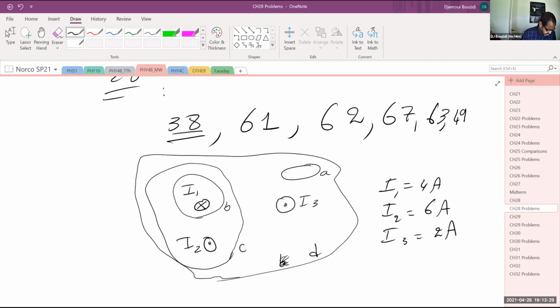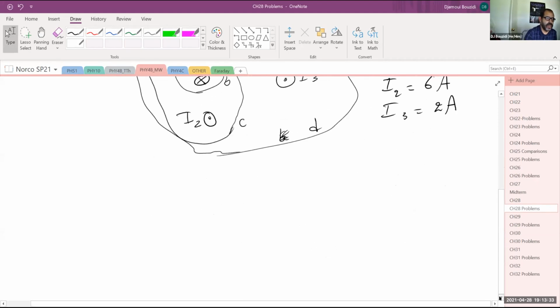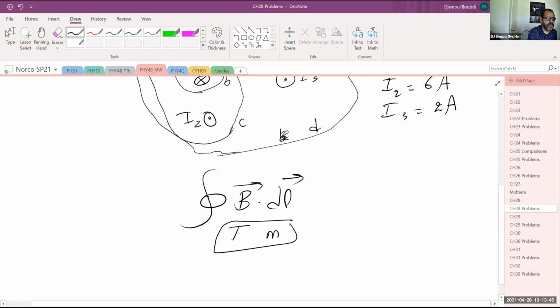What is the line integral of B dot dl, which is basically the circulation? That's how we define it. The units for B is Tesla, and the units for distance is meter, so the units for this quantity, the circulation, is Tesla meter.